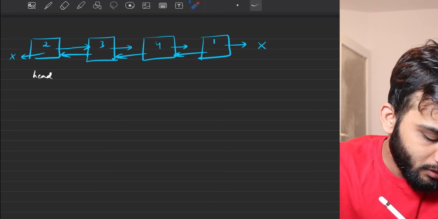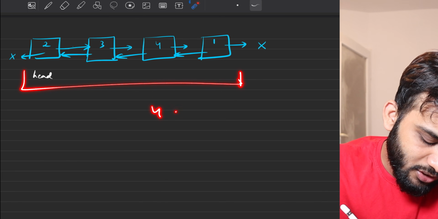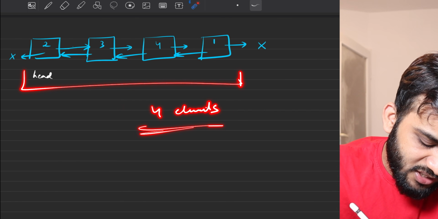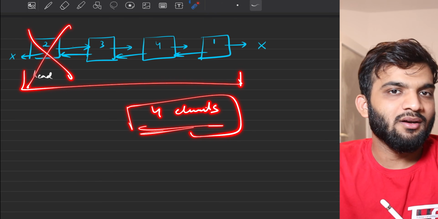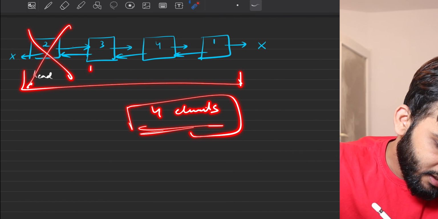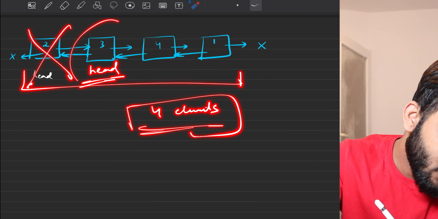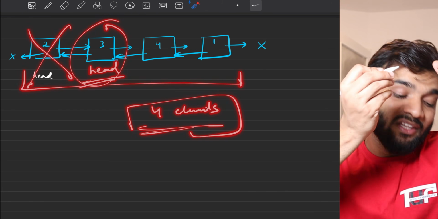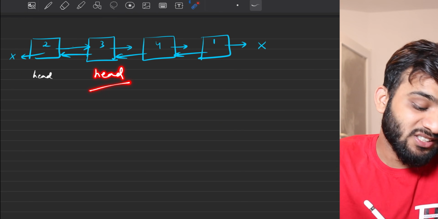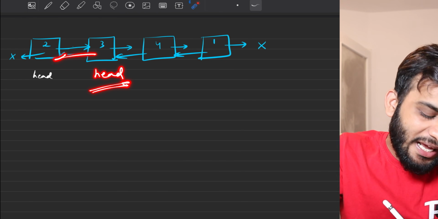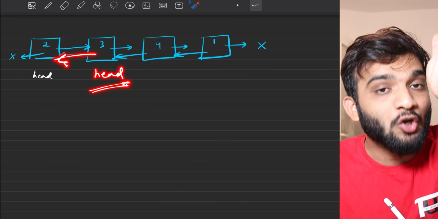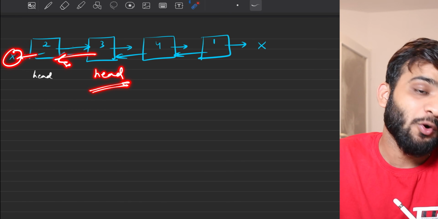Let's try to think. This is a doubly linked list which has 4 elements. In this, I have to delete this one. And if I have to delete this one, that means the head of the doubly linked list will start from 3. If the head starts from 3, it cannot have a back pointing to someone, because we know the back always points to null.